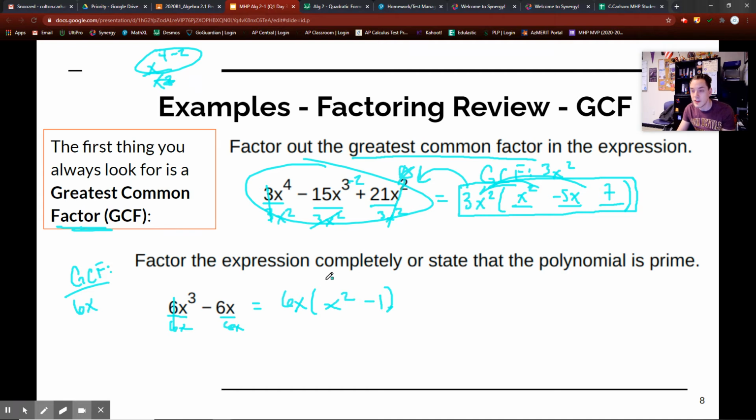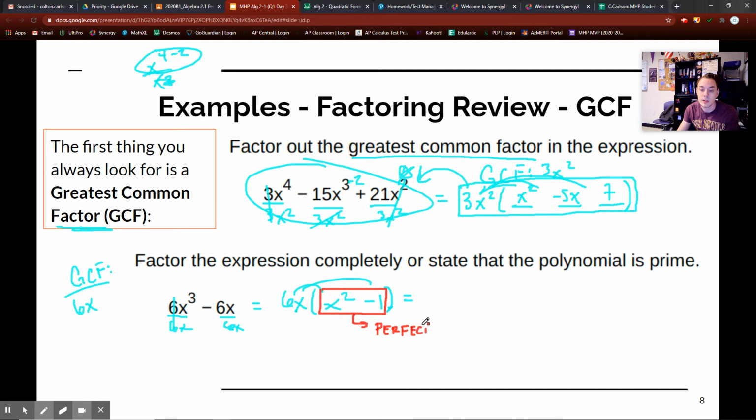Now, this right here is kind of a trick question because, yes, it's greatest common factors, but technically you can actually factor this out a little bit more. Yes, when I distribute it, I can get this out. But this part right here, and we're going to learn what this is in a couple more slides, so stay with me, is what we call perfect squares.